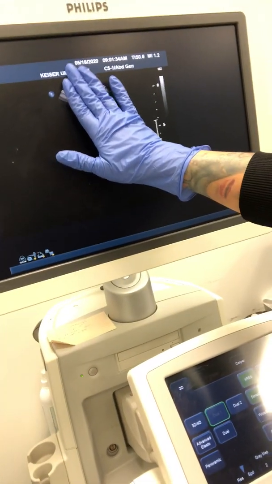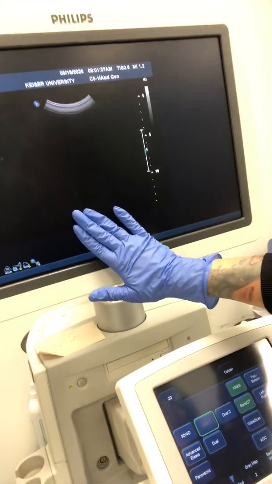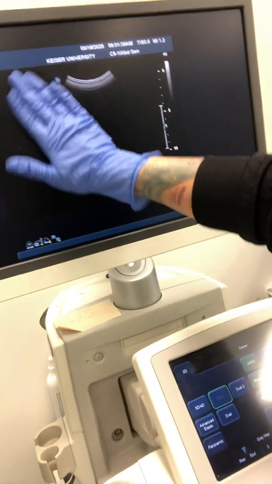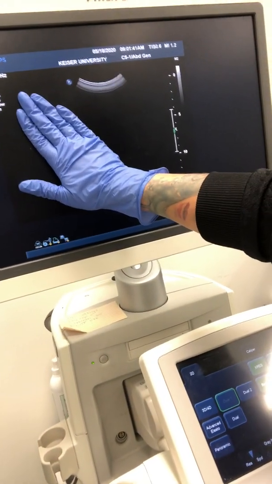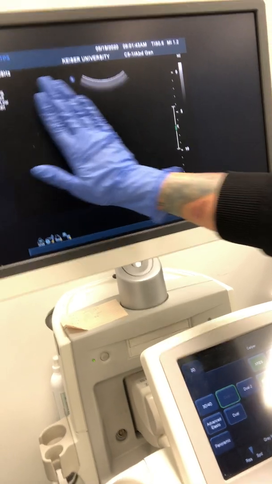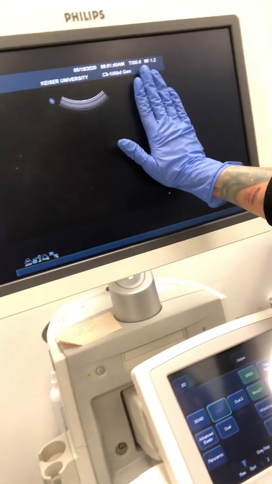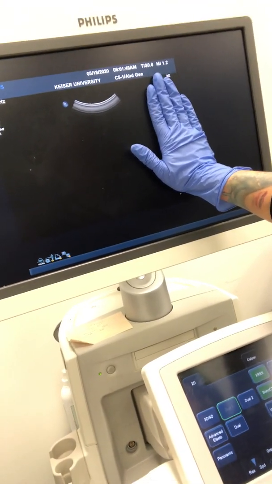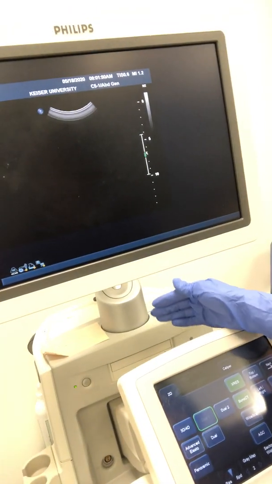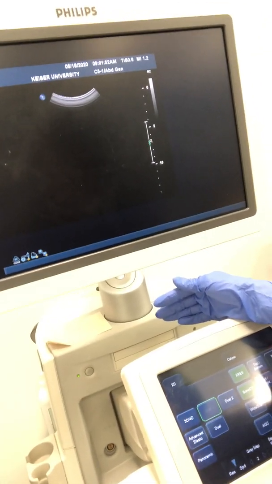So again, if you're on the anterior aspect, it's always going to be anterior to posterior. This side, or the left-hand side, will change to superior or the patient's right, and then the right side of the screen will change to inferior or the patient's left. This is because our notch only points towards the patient's head or towards us.